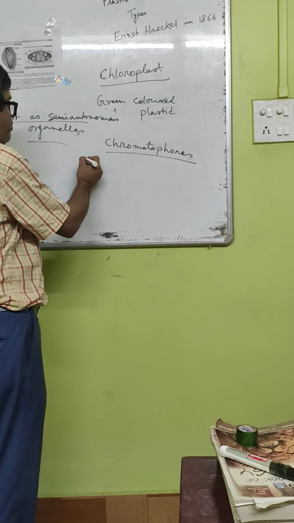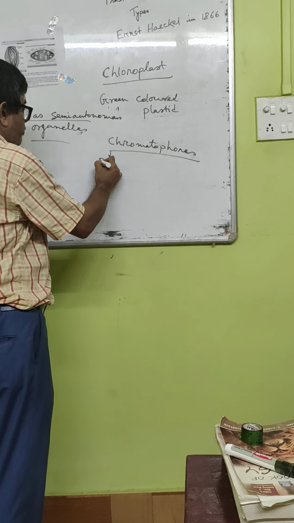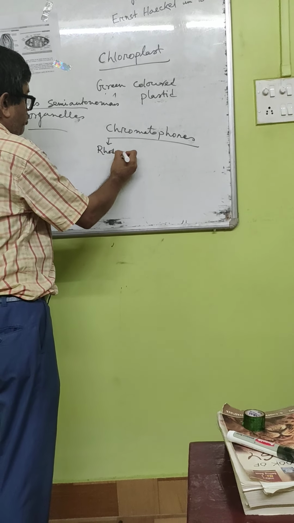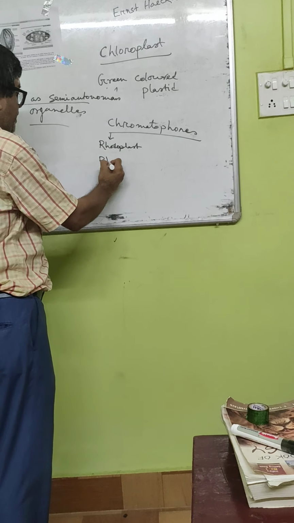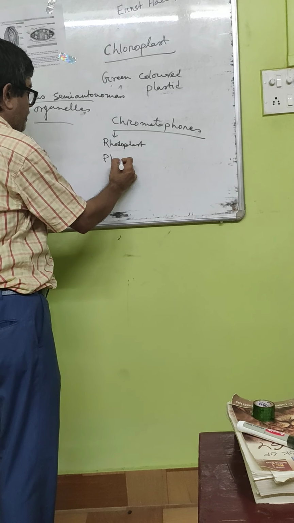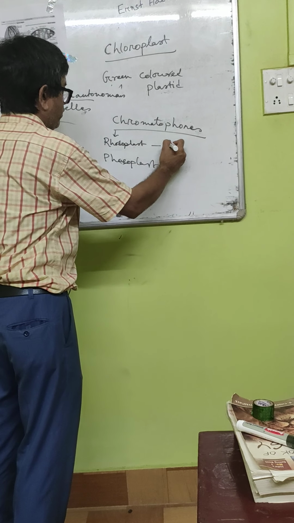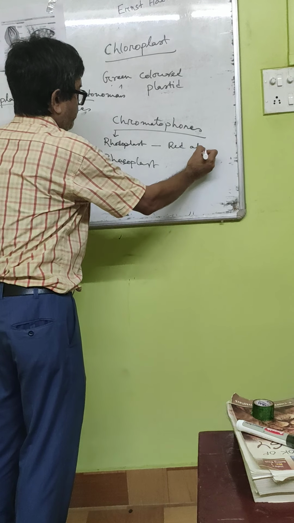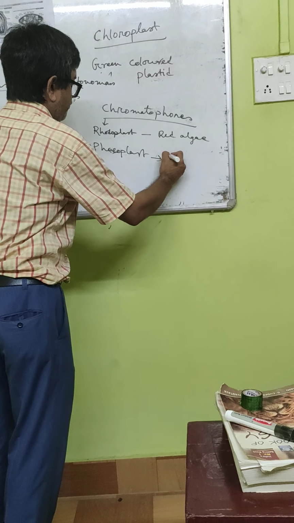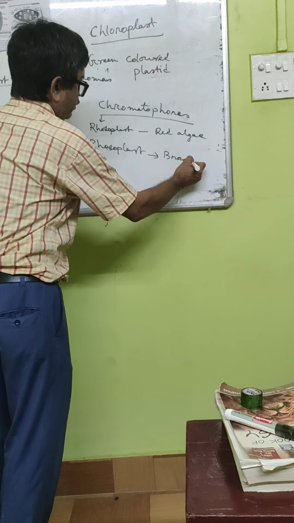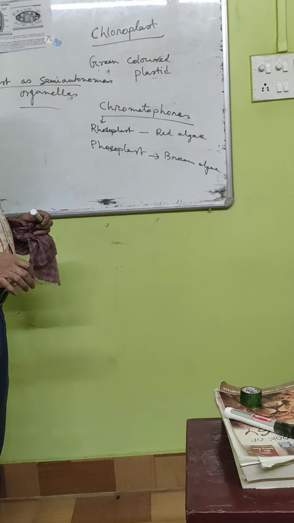There are different types of chromatophores. One is called rhodoplast, found in the plastid of red algae. Then pheoplast, the plastid of brown algae. Rhodo means the plastid found in red algae, and pheoplast means the plastid found in brown algae. So this topic of different types of plastid is over.